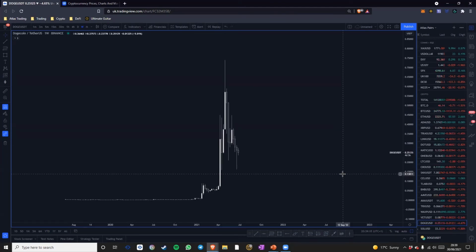But when we're looking at the market cap of these tokens, something else to consider is, with Dogecoin, a ridiculously high percentage of tokens are held by a very small amount of holders, which really limits where the longevity of the project goes, in terms of how far the market cap will go up.